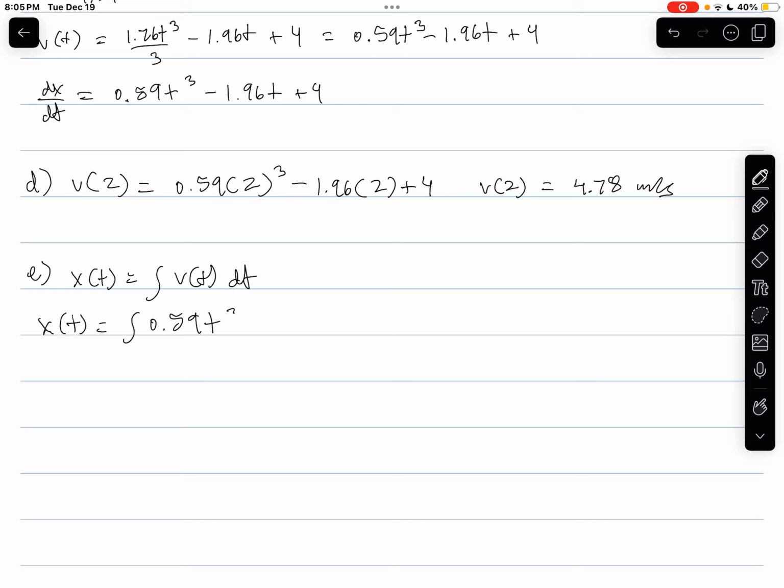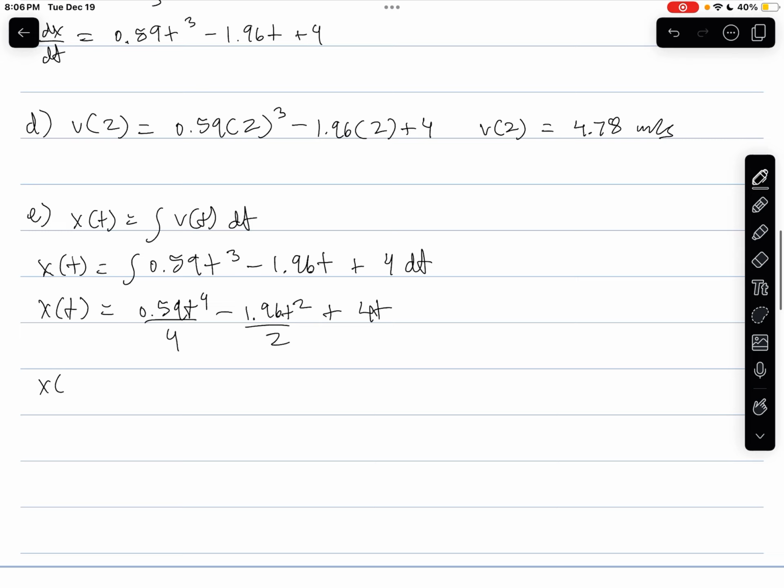So then the integral of 0.59 t cubed minus 1.96 t plus 4 dt. Excuse me. And then integrate that. It's going to be 0.59 t to the 4 over 4 minus 1.96 t squared over 2 plus 4t. There is a constant, but the constant is 0 because you gave us that the initial position is 0, so I don't need a number for the constant.